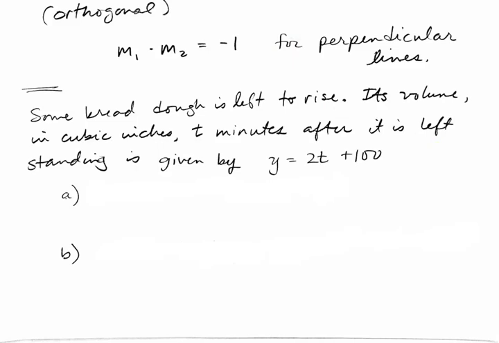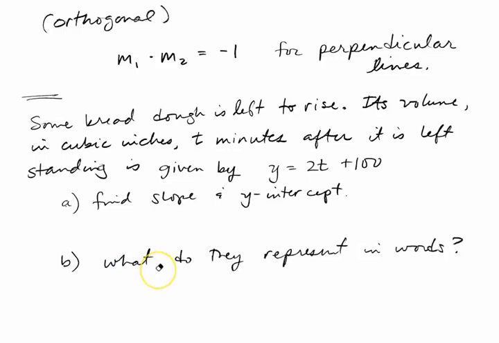So let's see if we can think about something here. What's the slope and the y-intercept of that? You might want to jot this down on scratch paper. Part A is, find the slope and the y-intercept. Just go ahead and jot that down. And then, what do they represent in words?